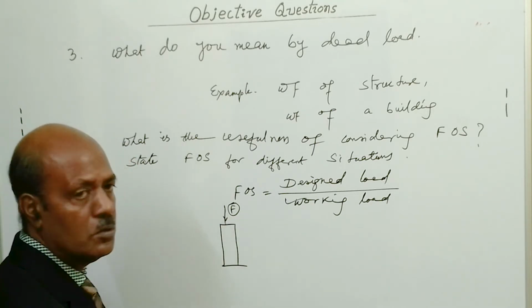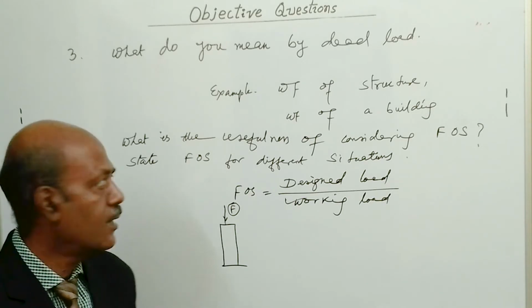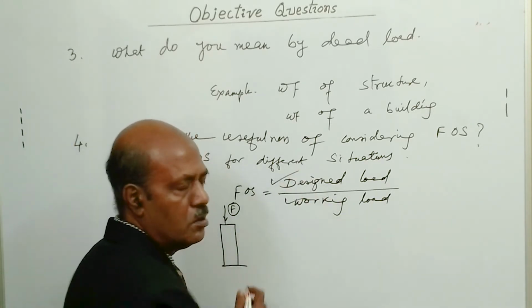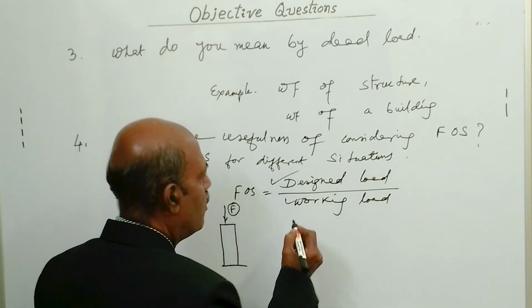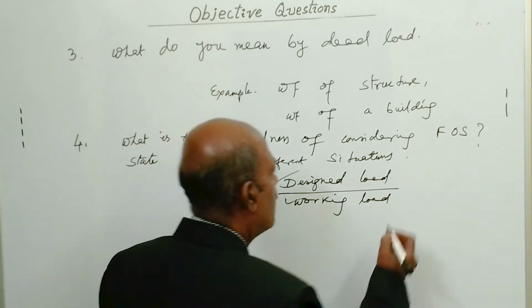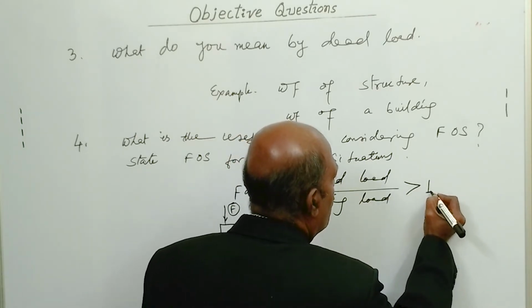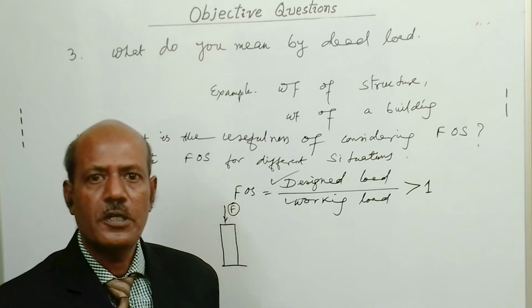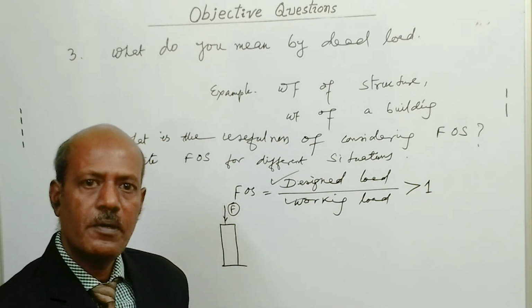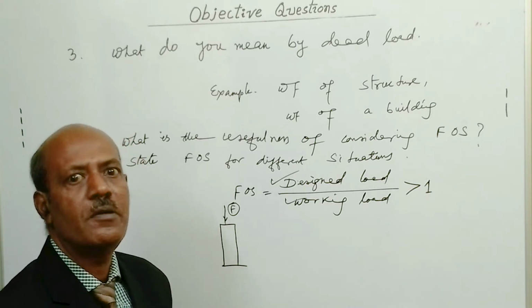That load which is considered by the designer to design a body is called design load. So design load is much higher than the working load, and the factor of safety will always be greater than 1. It may be 5, 4, 3.5, 2.5, or even more than 5.